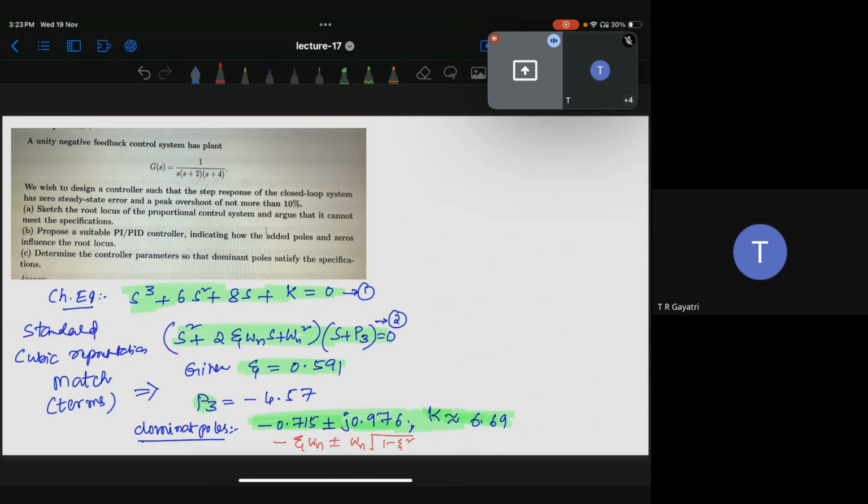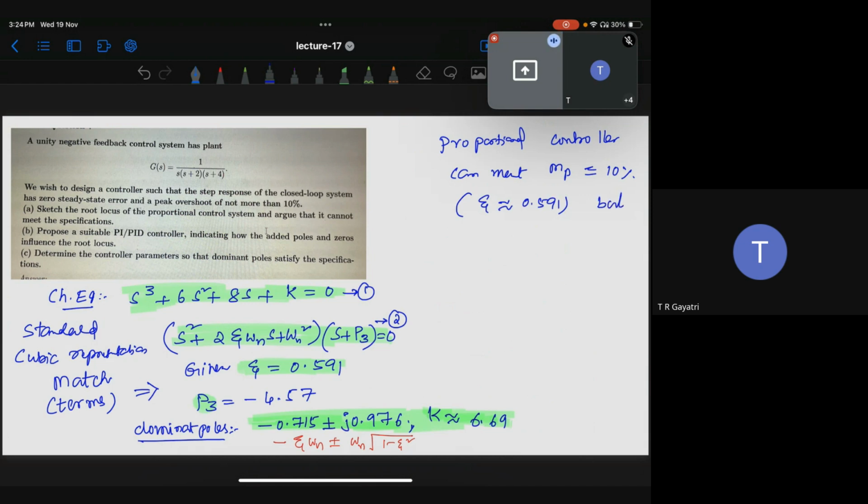So what happened here? Finally, this proportional controller can meet MP less than or equal to 10%, since zeta is close to 0.591.